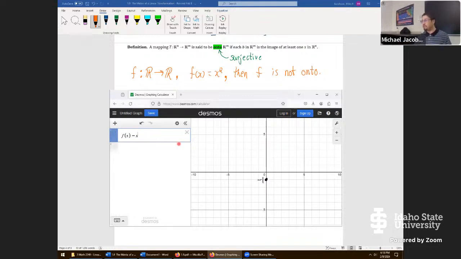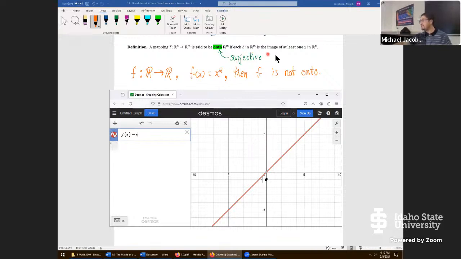Change the degree though, that one is onto. You can get to -1 easily. You just plug in -1 and it maps to -1, no problem. So this function would be onto.